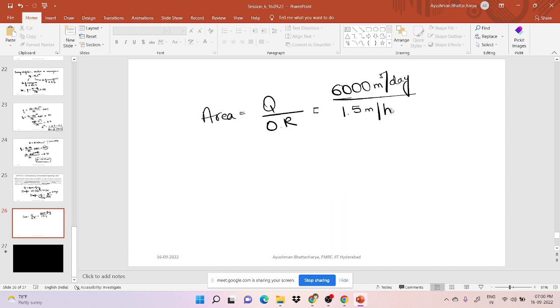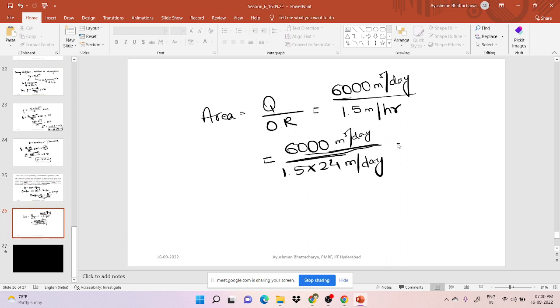Both the units are different, so we have to convert: if we multiply 1.5 by 24, it becomes meter per day.